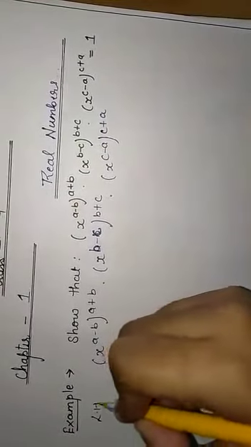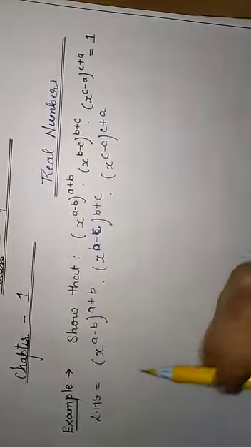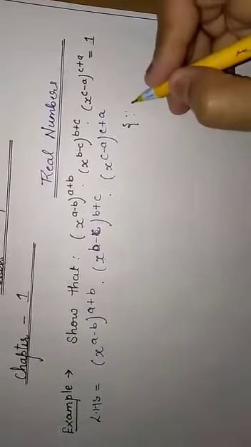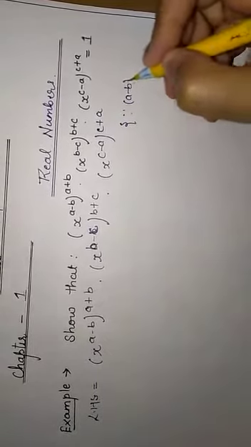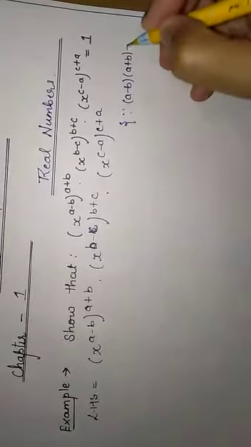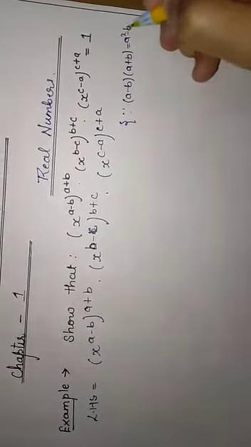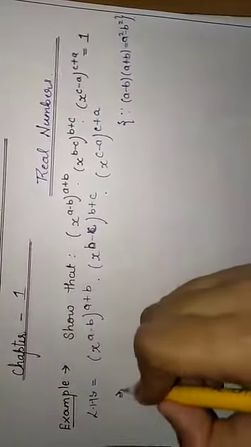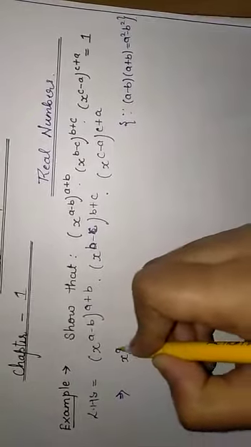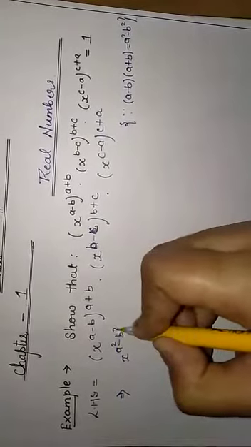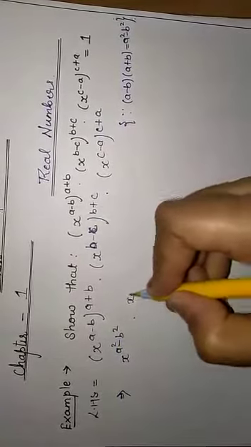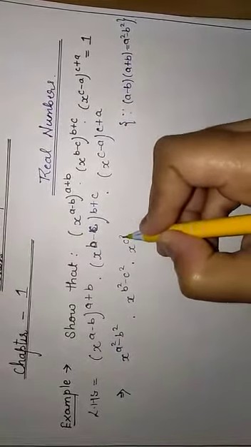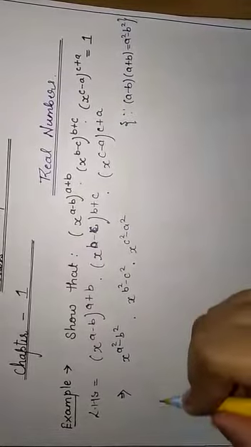Take the LHS. Now applying the rule (a minus b)(a plus b) is equal to a square minus b square, we get x to the power a square minus b square, x to the power b square minus c square, and x to the power c square minus a square.